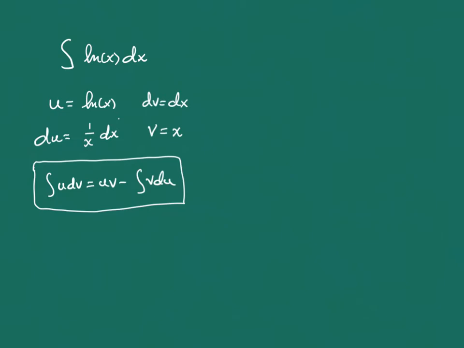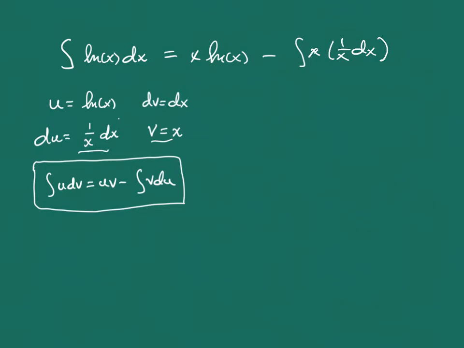And so what this leads us to, now just following that formula, we've got u times v, so that's going to be x times the natural log of x minus the integral of v du, which is just x times 1 over x dx.